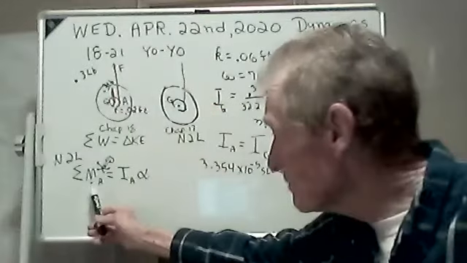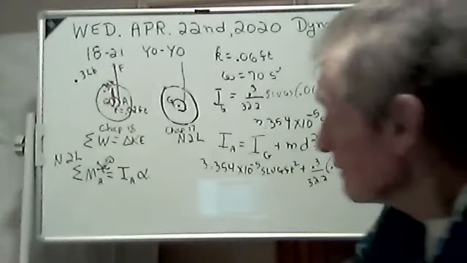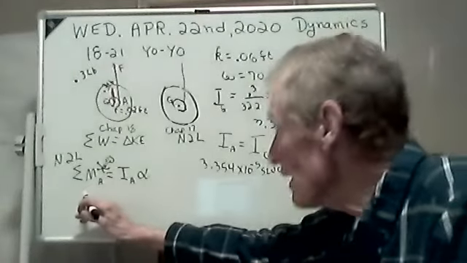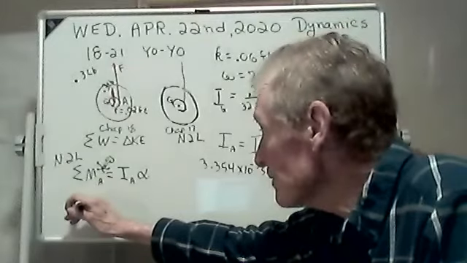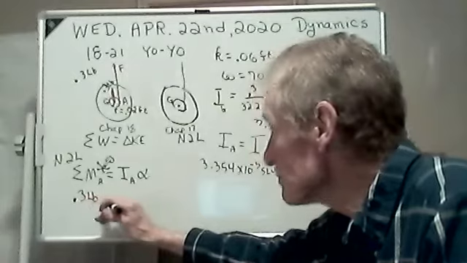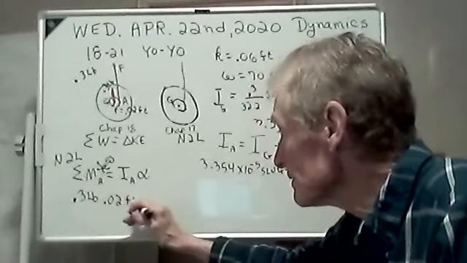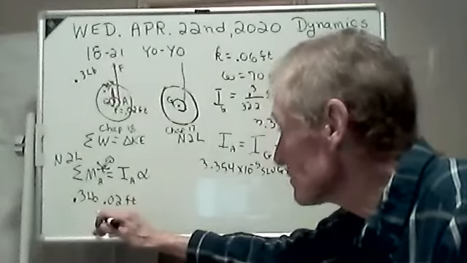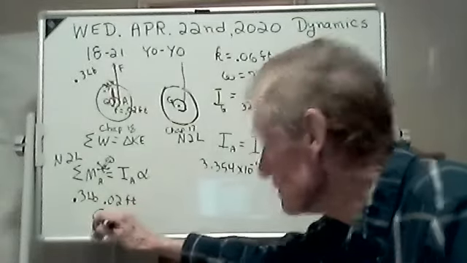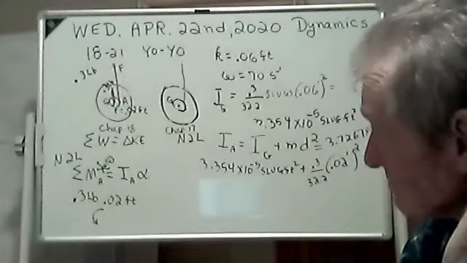It doesn't give you a moment about A. I tell you what the moments are about A. They are 0.3 pounds times 0.02 feet. But it's counterclockwise, isn't it? Yeah, it's counterclockwise, and that's it.